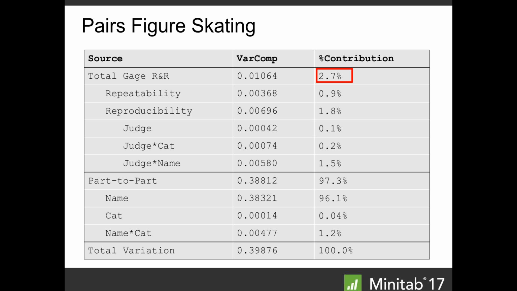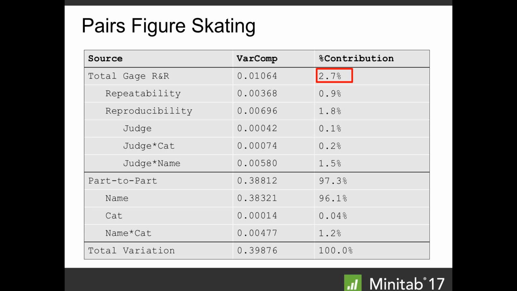I wouldn't take me presenting those as being an endorsement that those are the perfect numbers. I actually don't like that there's formal cutoffs because I don't like somebody treating a measurement system with 8.9% contribution differently than 9.1 when those are really about the same. So I present those as the standards most people are familiar with, but I don't know that I necessarily endorse them.